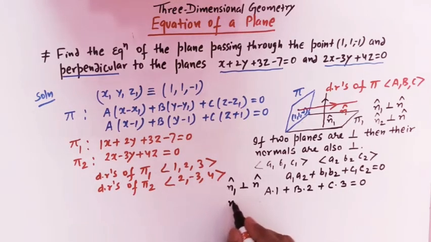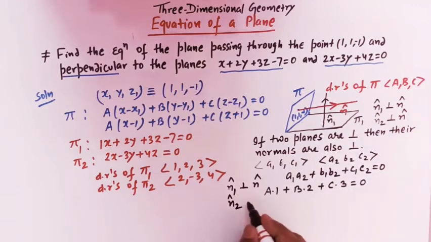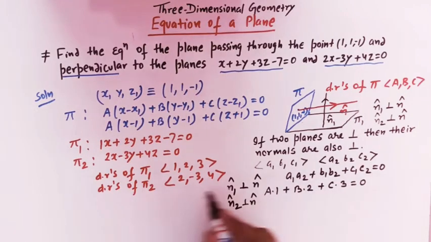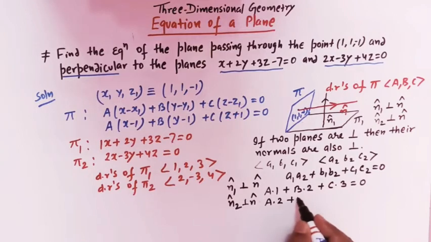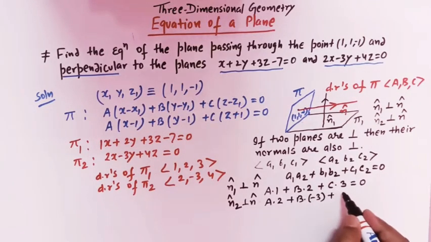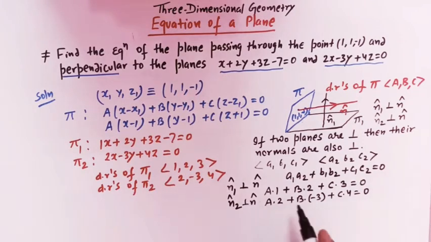So again n2 vector is perpendicular to n vector. So again by this condition we have a times 2 plus b times minus 3 plus c times 4 is equal to 0. So we have two equations in a, b and c, right?